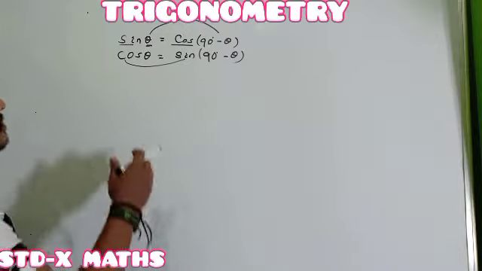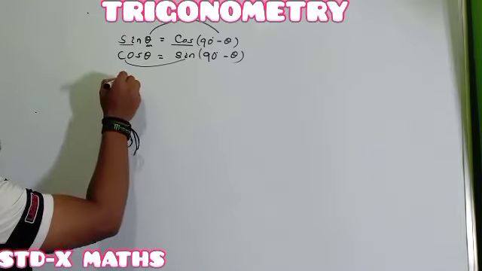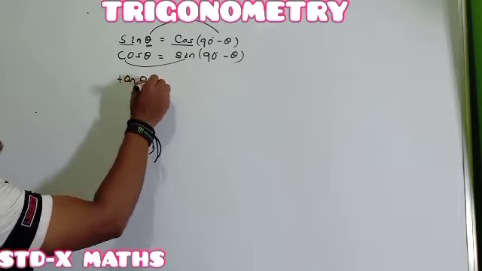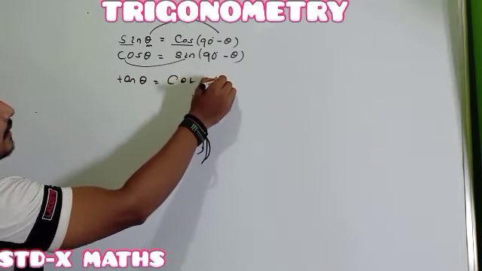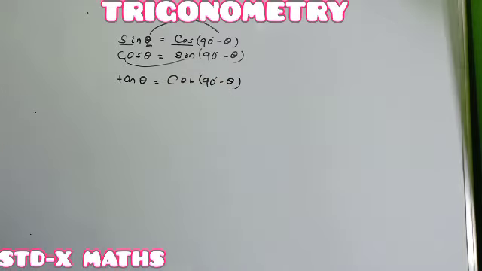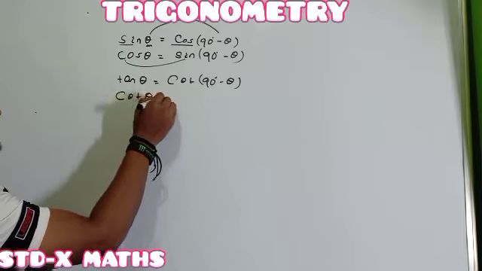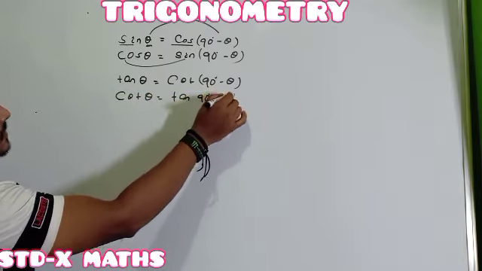Ready? Sine and cos are both interconvertible. In the same way tan and cot are both interconvertible. Remember the formula: tan theta is also cot of 90 degree minus theta. In the same way cot theta is tan of 90 degree minus theta.